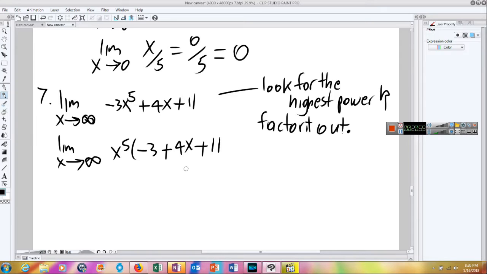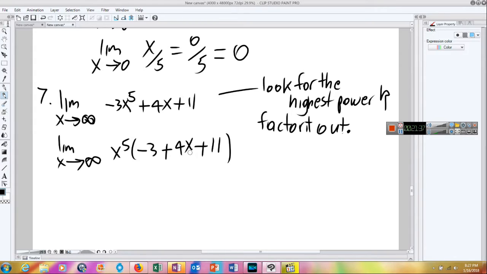But for the sake of simplicity, we're basically dividing each term here by x to the 5th power. So x to the 5th power disappears from here when we divide it by x to the 5th power.